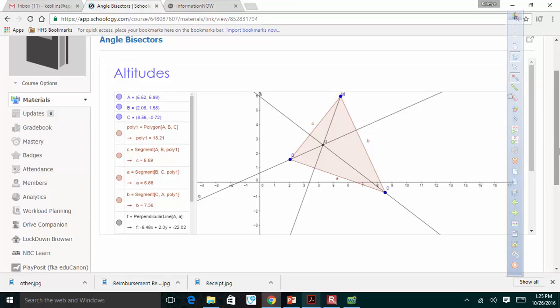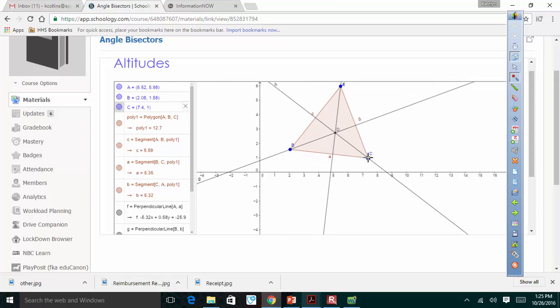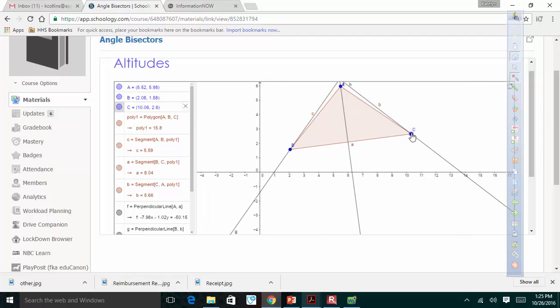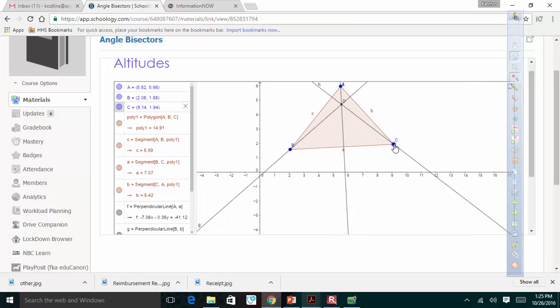It is acute. It's close to right. If you want me to move it, I can make it a little more acute looking. Okay, so where is the center located? Okay, inside the triangle. Now let's make A obtuse by making it a really big angle. Oh wait, I clicked. Oh, it's on altitude.